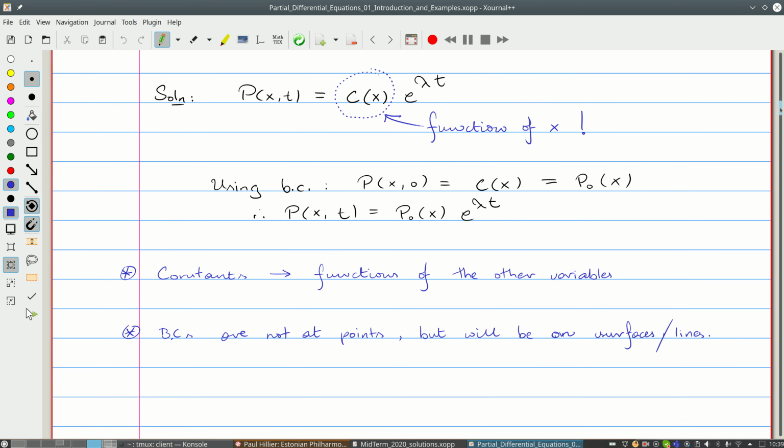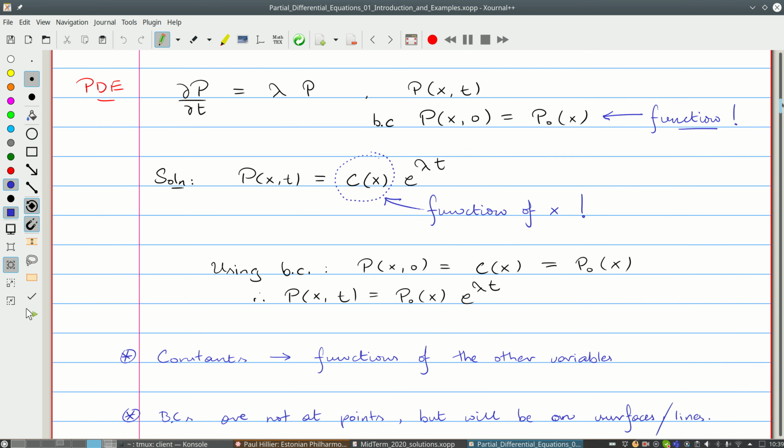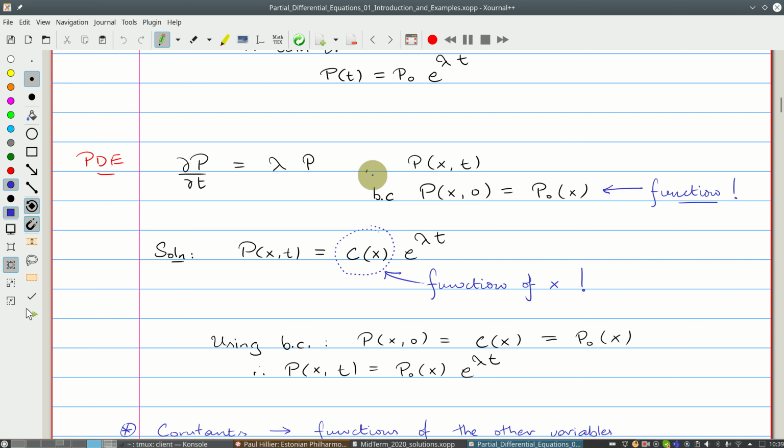Another thing to consider here is that if I hadn't specified any boundary conditions, then all you would have been able to say was that the solution is of this form, where c is any function of x: sine of x, cosine of x, tangent of x, e to the x, sine hyperbolic of x, it doesn't matter. Any function of x would have worked here.